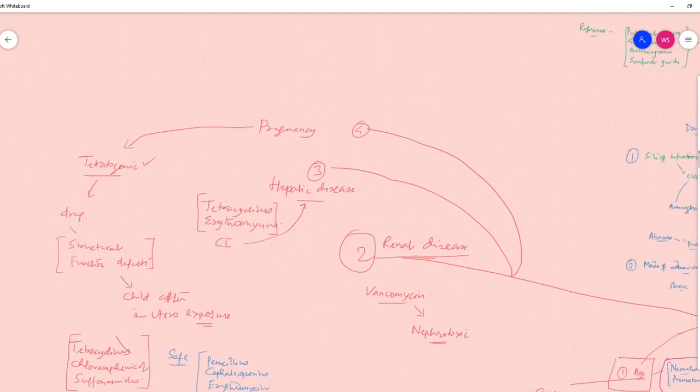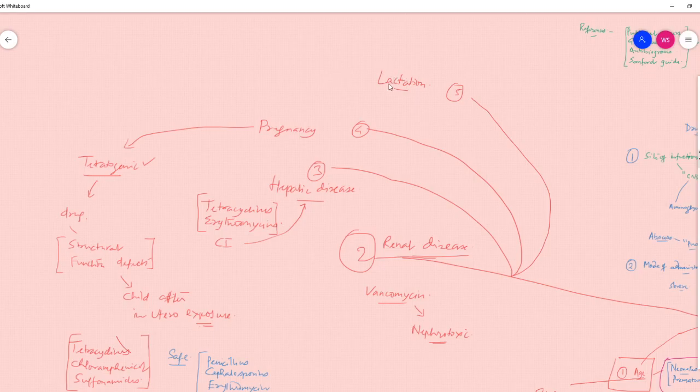The other patient condition that we can consider is if the patient is lactating. After the mother has given birth and is suckling the child, if the antibiotic that we select is lipophilic, then the chances are that it will be transferred to the suckling infant, and that can cause problems in the infant.